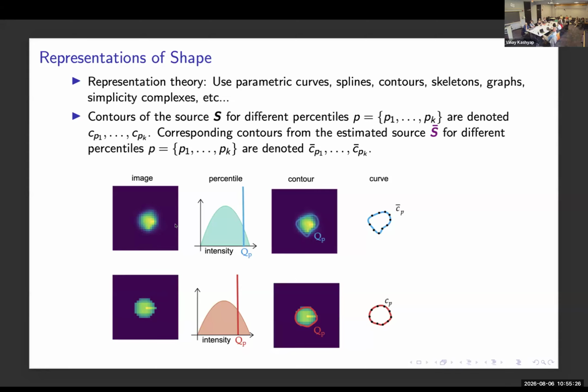I have my sample mean image and my true image, and the simplest way to get a representation is a percentile contour. I look at the pixels, get a percentile, and all the pixels in that percentile become part of my contour, which is just an ordered set of points.